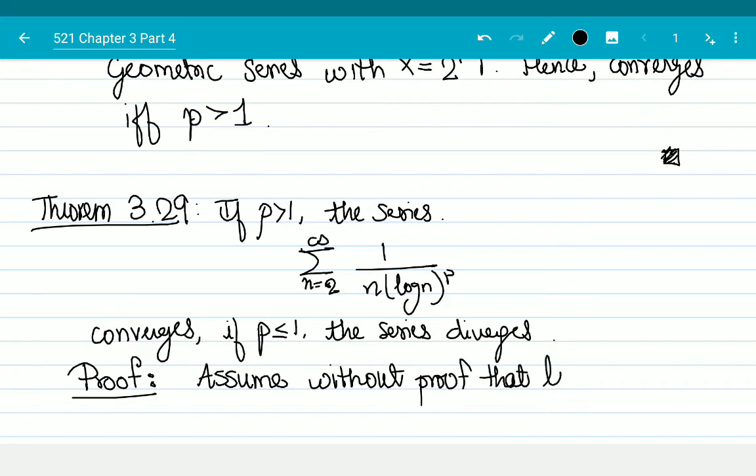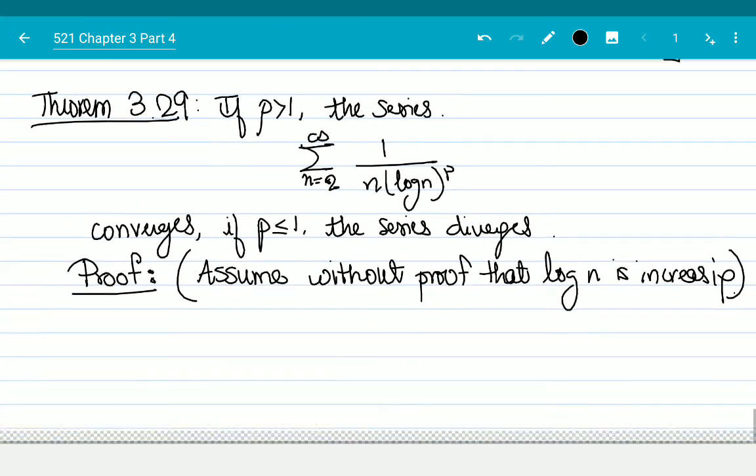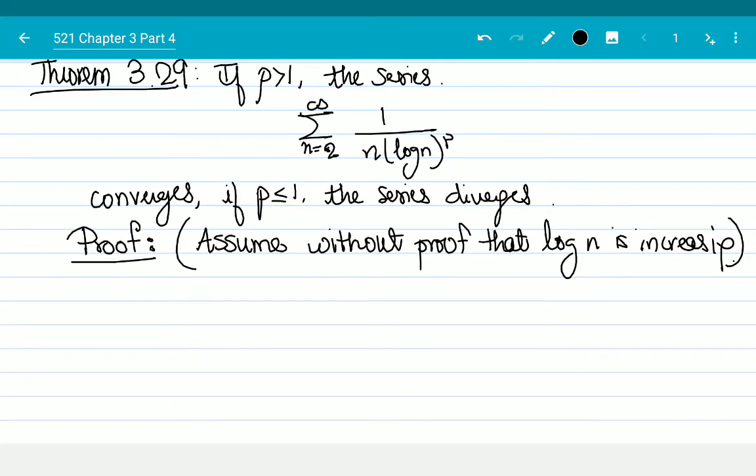Okay, that's because we have not yet defined log n. Most of you have seen log n before, which is why I'm stating this theorem right now. Otherwise, I'd have skipped it.